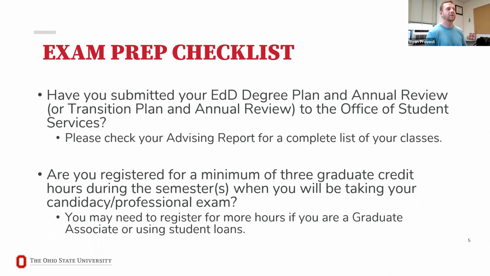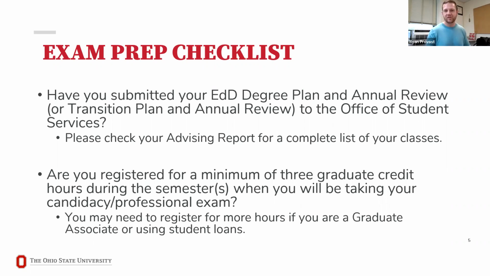You'll need to make sure that you are registered for a minimum of 3 graduate level hours during the semester you will be taking your candidacy exam. The caveat we want to make sure you understand is if your exam is going to last for longer than 1 semester, so if it bleeds into, let's say you start in the spring semester, but it goes into the summer term, you would need to be registered for credit hours during both the spring and the summer term.